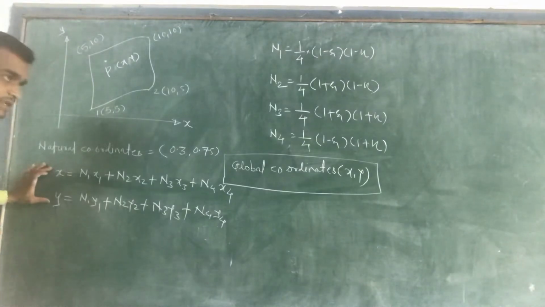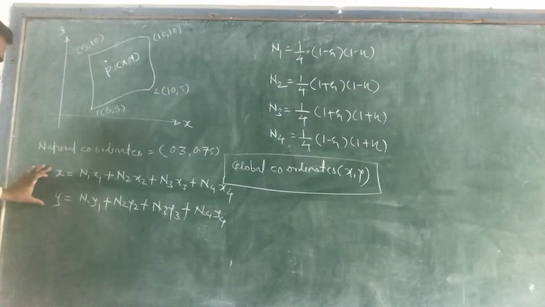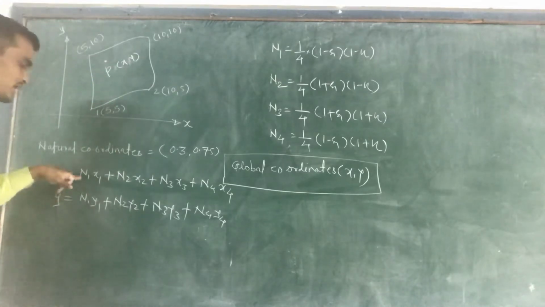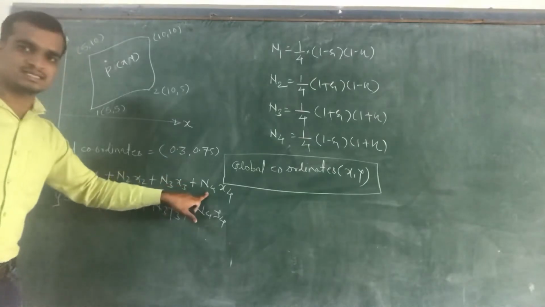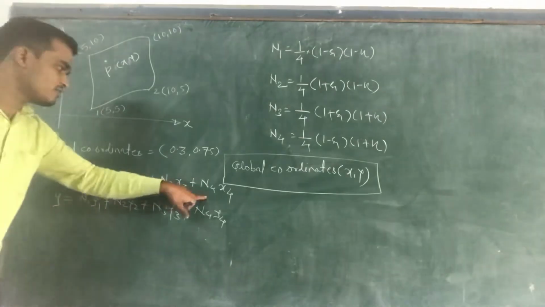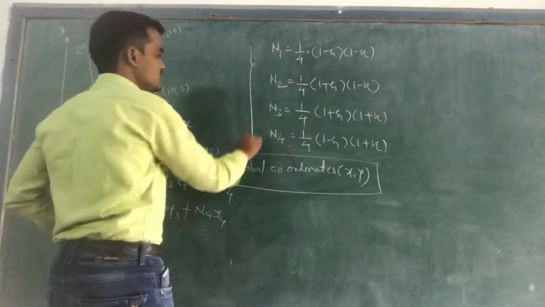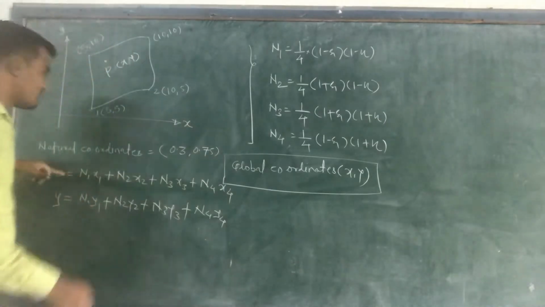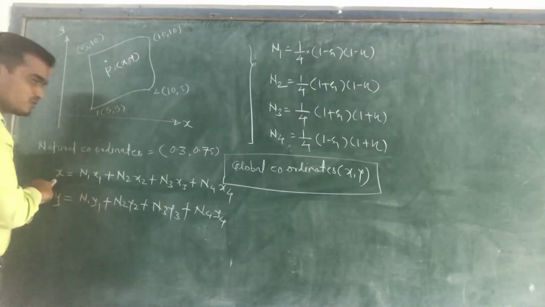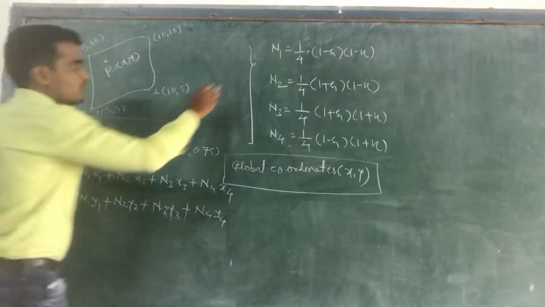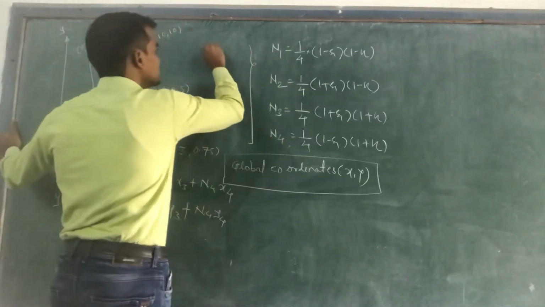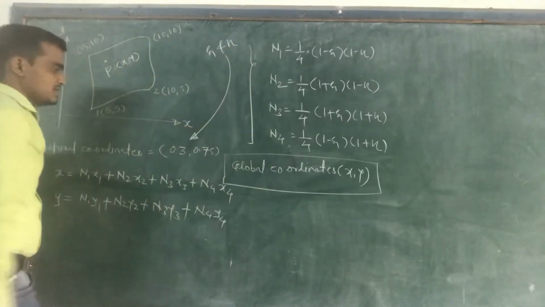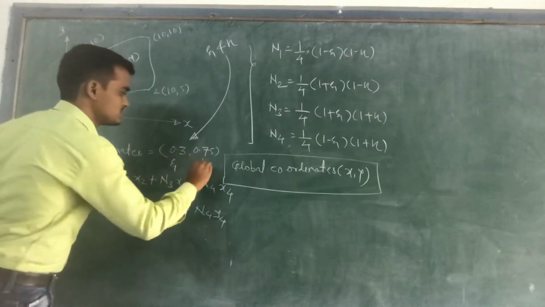By using these two formulas, you can find out the x and y coordinates for this point P. First we need to find out n1, n2, n3, n4, which you can determine by using these four formulas. Putting n1, n2, n3, n4 in this equation, you will get x. For n1, n2, n3, n4, you need the zeta and eta values, which will be given in the example. So this is your zeta and this is your eta.